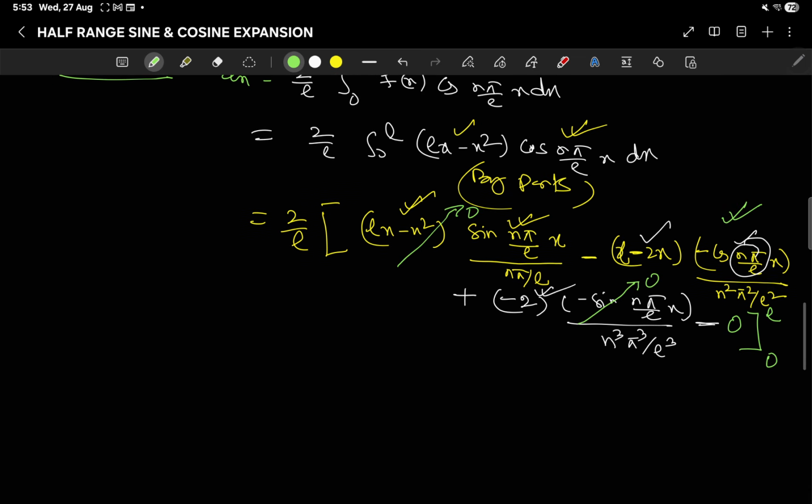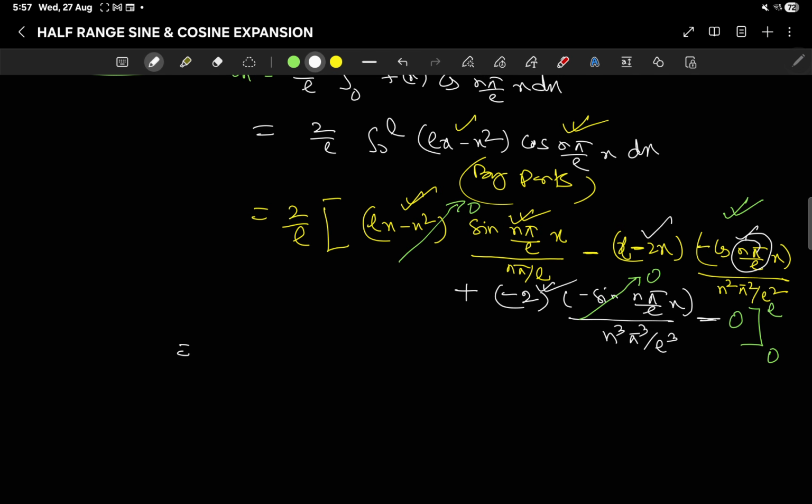So you simplify it to get, now if you simplify, it is 2 by L. Then it is minus plus. Putting L here, (L minus 2L) minus L cos(n pi) by L, and here again for the second limit you have minus, putting 0 here, minus L. So it becomes minus 2L and this will be multiplied by L square by n square pi square.